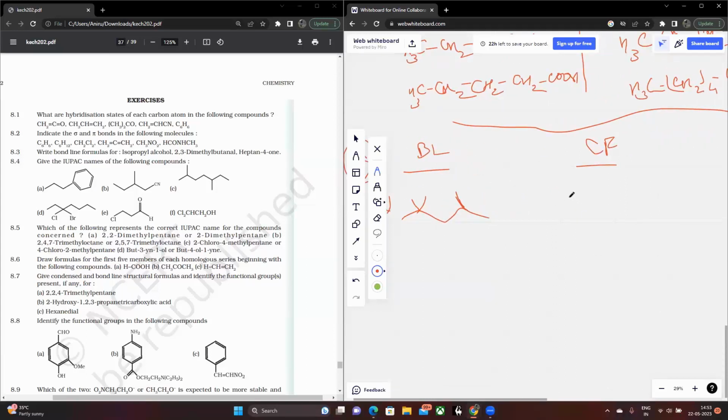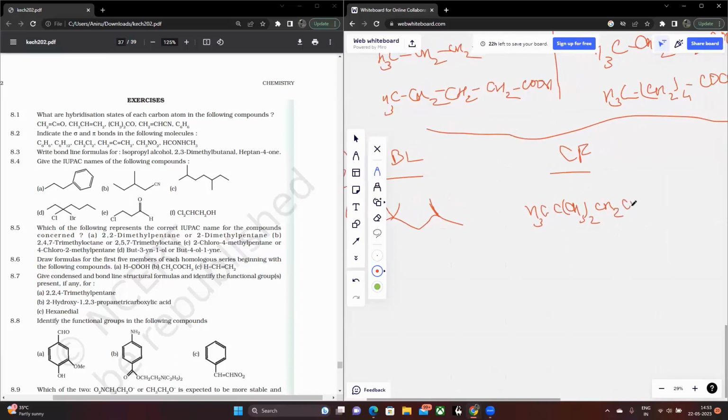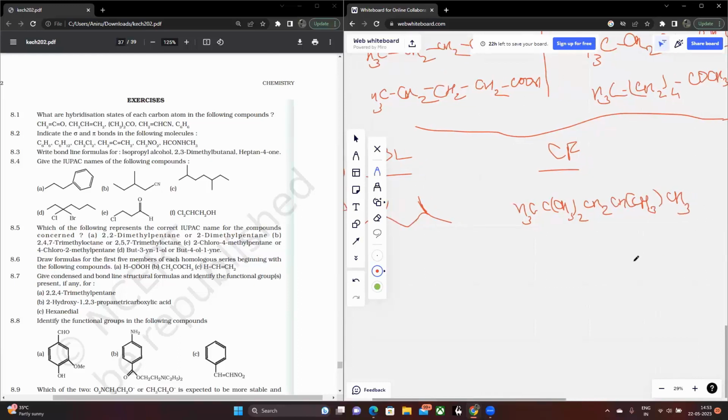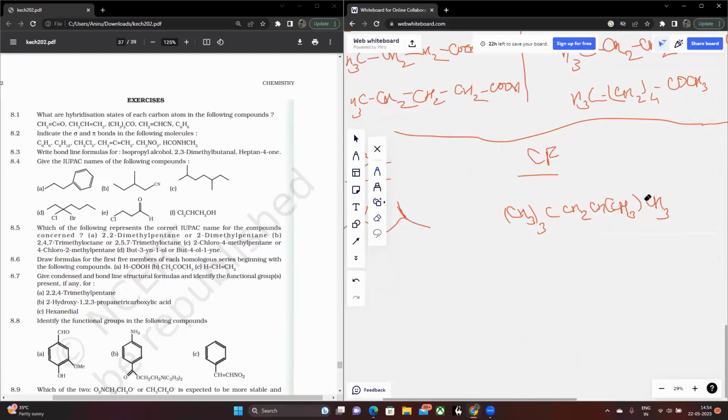The condensed formula looks like CH3, CH3 twice, then a CH2, then CH3, and then a CH3. I made a mistake over here. This can basically be written as CH3 twice, and then CH2, a CH3, and a CH3. Again, this can be condensed.